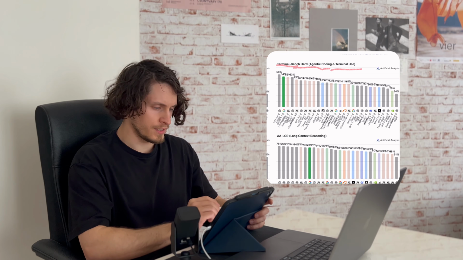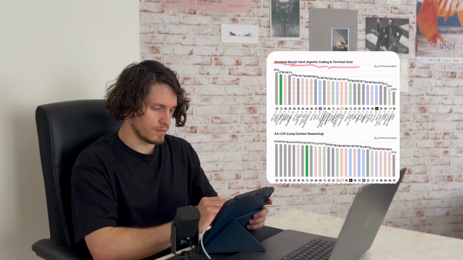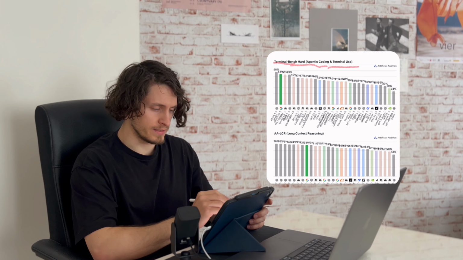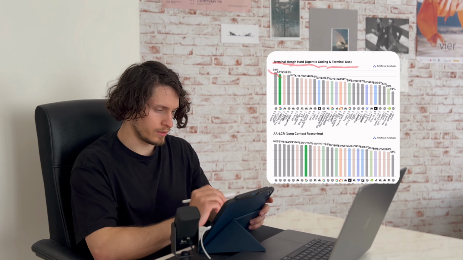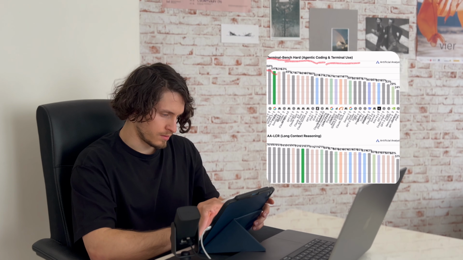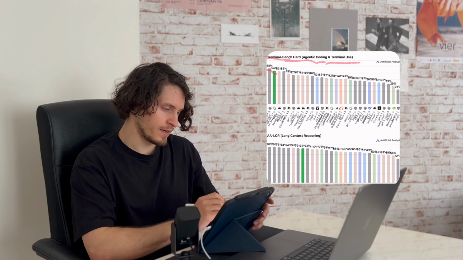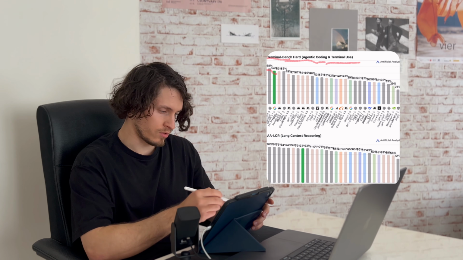So here we can also see that GPT 5.4 actually beats Gemini 3.1 Pro. Like here we can see that it's a 4% difference, and Gemini is just a bit better than Sonnet and Opus.